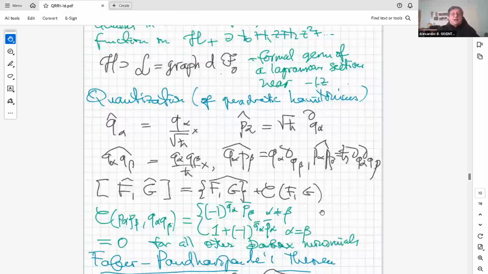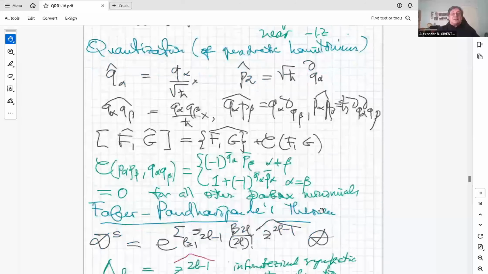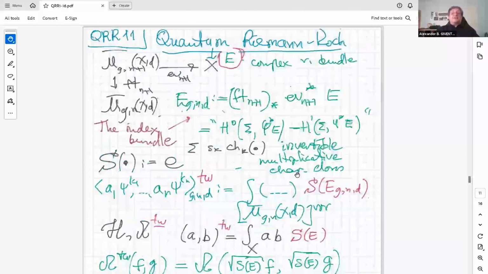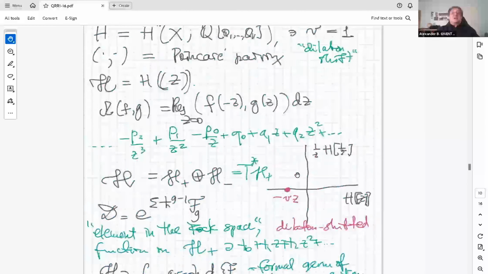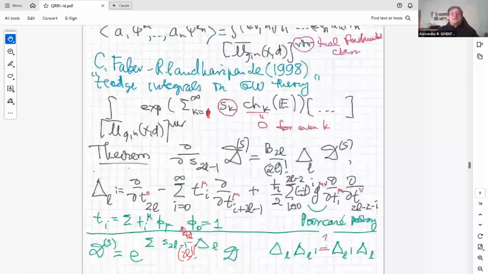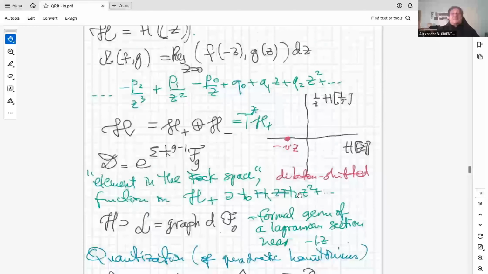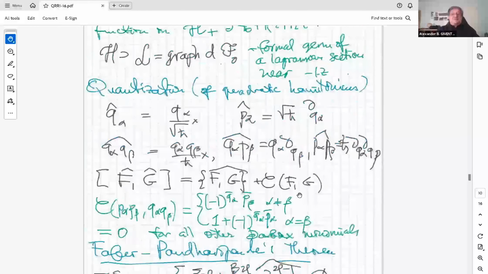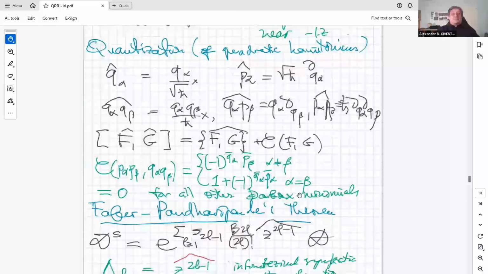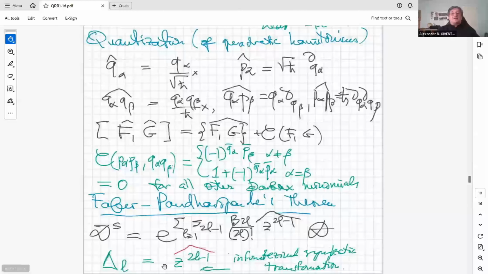So that's it. Now it turns out that in these notations, these differential operators are simply the following: the operators are quantizations of monomials.